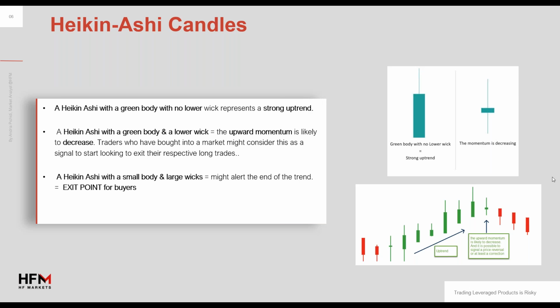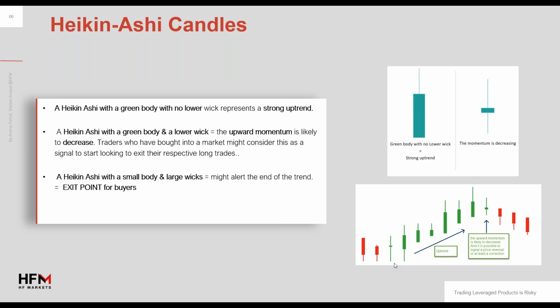If you see something like that, even if the body is not small, it is still a concern whether the momentum has changed.